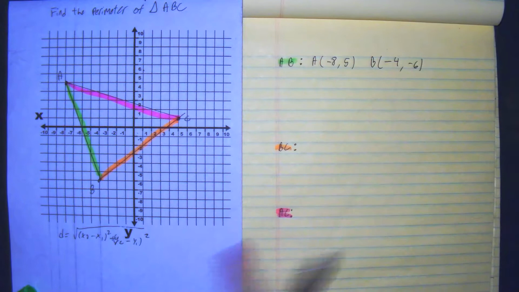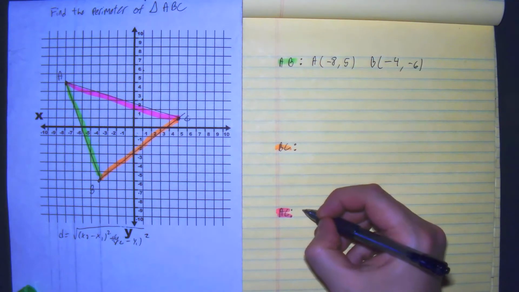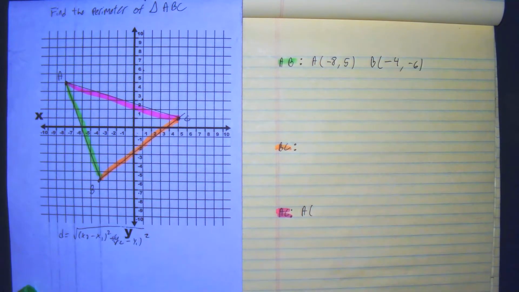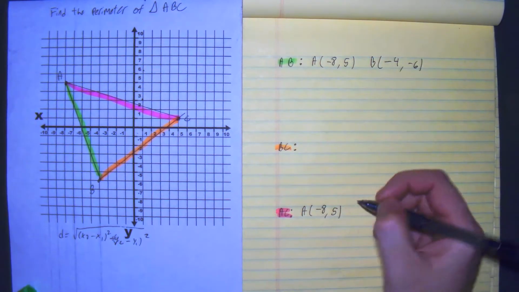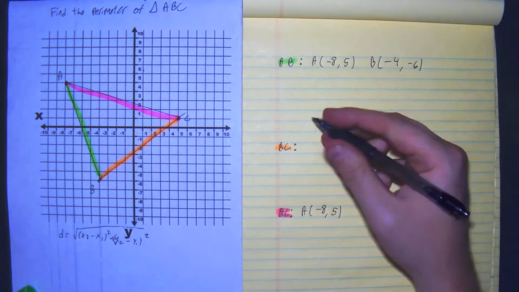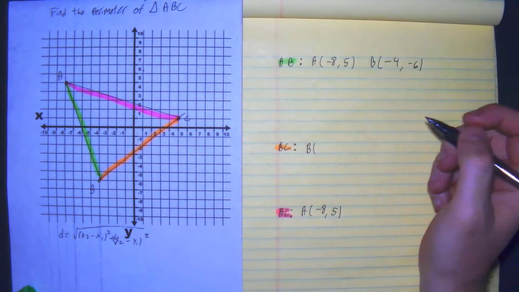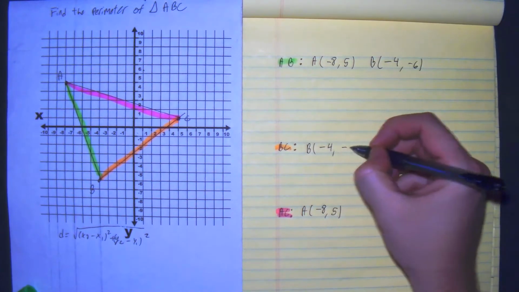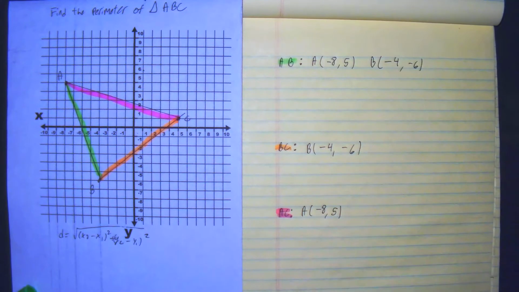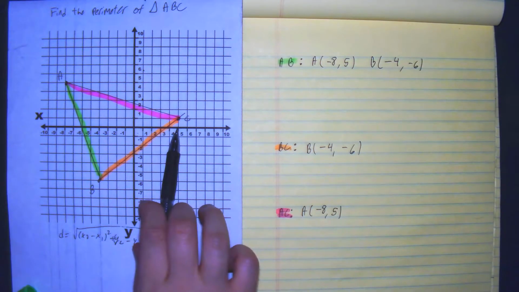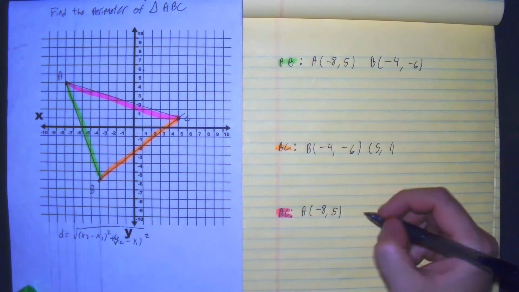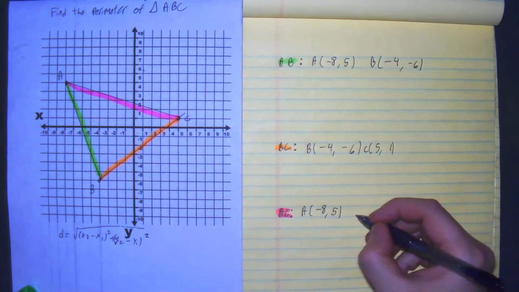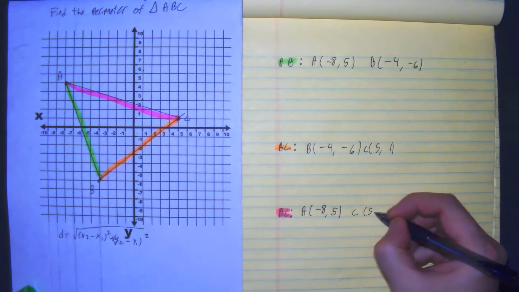We're going to reuse these where we have to. This one, A, is at -8, 5. And we can say B is at -4, -6. Now we just need to find point C. C is at 5, 1.